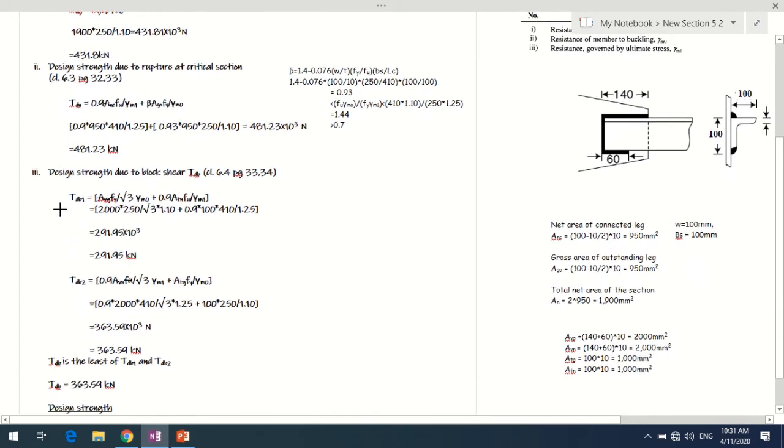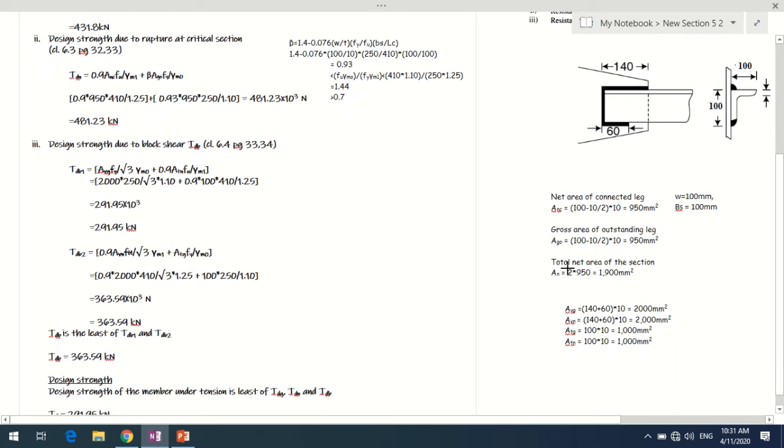The next is the block shear. In the case of block shear, you will come across the shearing plane and the tension plane here. The gross area and the net area along these two planes have to be calculated, and they have been done over here. Again, we find that the bolt holes are not here, so the gross area along the shearing plane and the net area along the shearing plane will be the same.